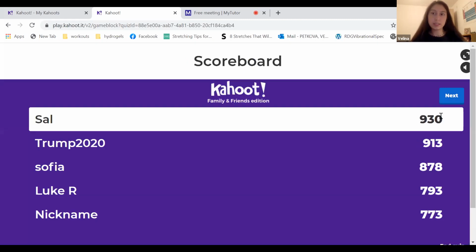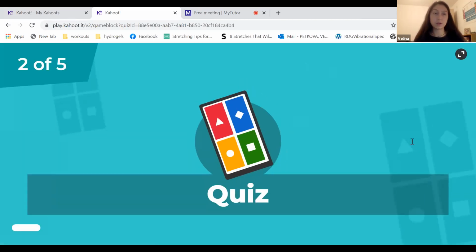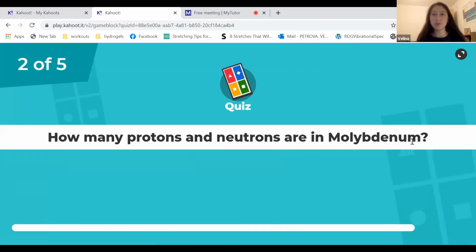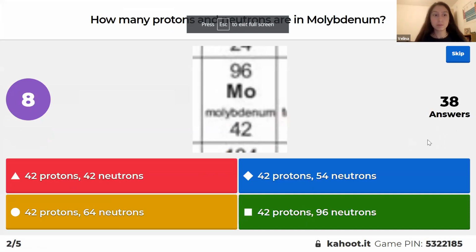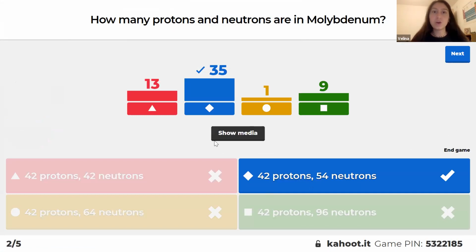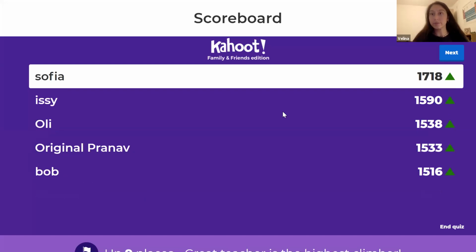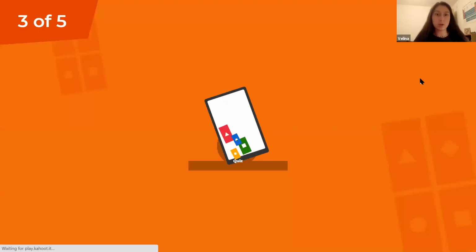Well done to Sal for coming first. Okay, next one, question 2. How many protons and neutrons are in molybdenum? Yeah, well done. Lots of correct answers. So we'll do this one afterwards. We'll go through everything at the end. Well done, Sophia, for coming up to the top.